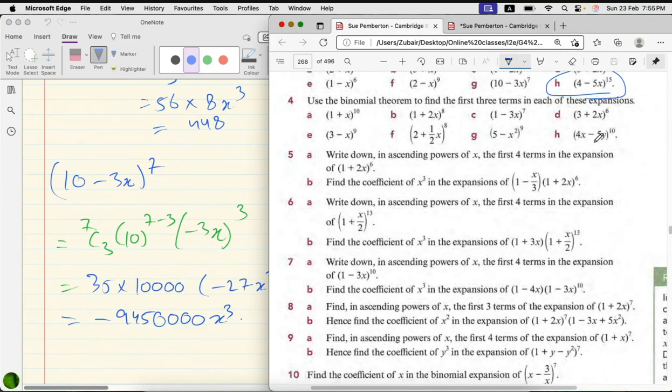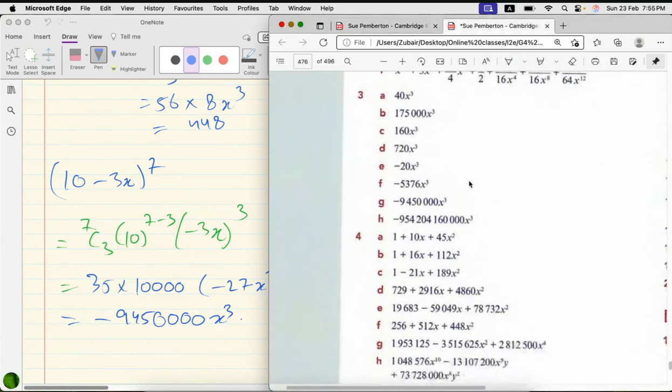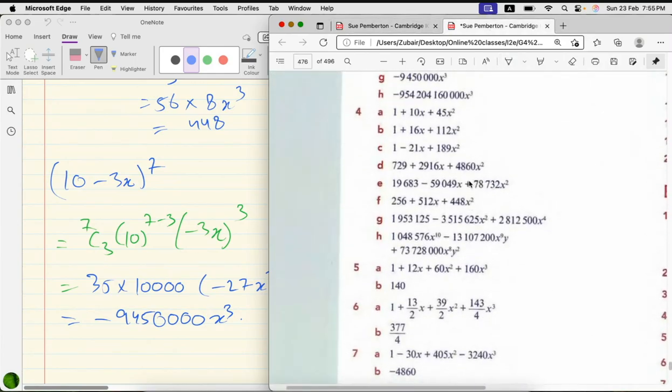Let me check the final answer. This is question 3 H part. See if you're getting this number. I'm not sure if the calculator screen will show all those digits.